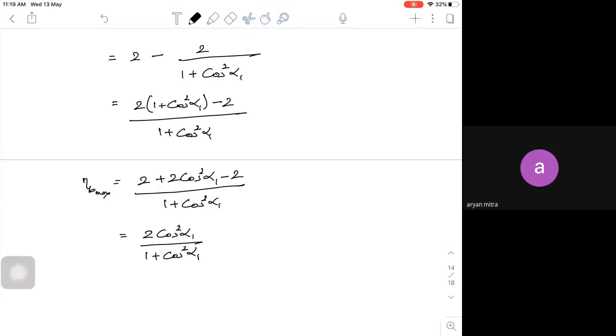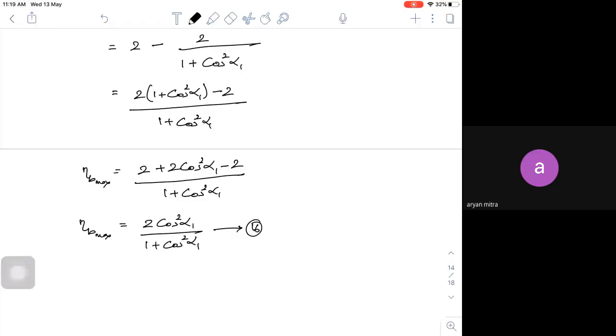This is your expression for maximum efficiency. Given the value of alpha, I can find the corresponding maximum efficiency.